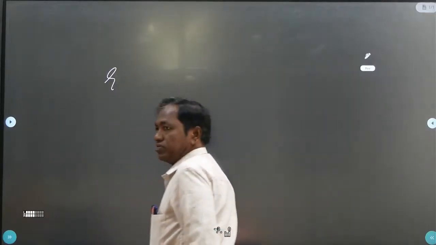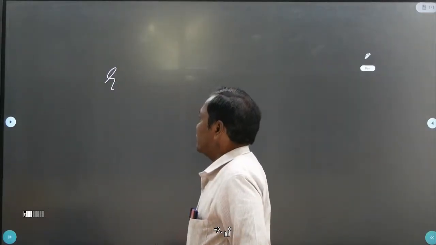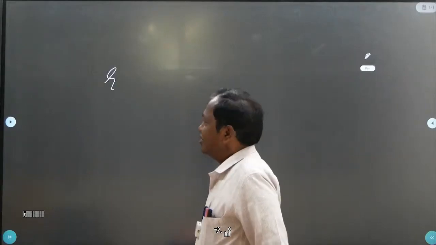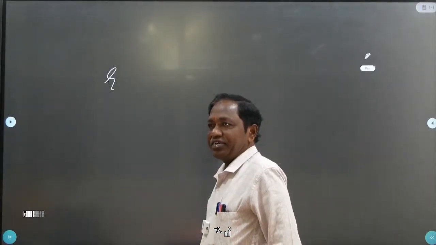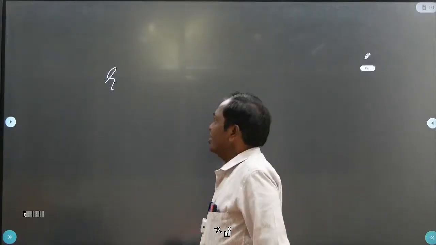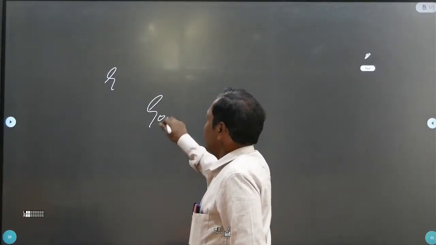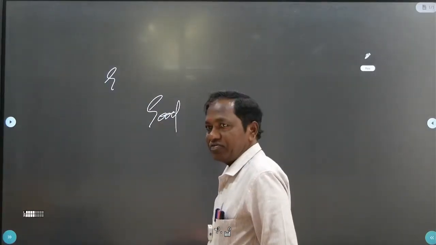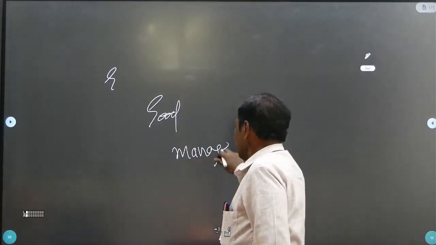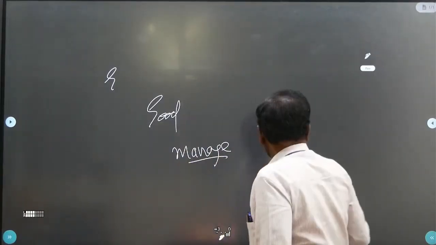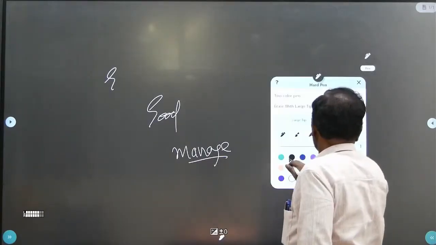Today we'll write with number 1 pen, so that I can write more. The thicker it is, the less content can be written on the board. This is visible, no? How do you see this? If you take number 2, what happens?